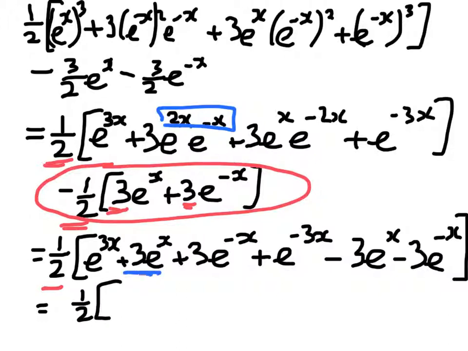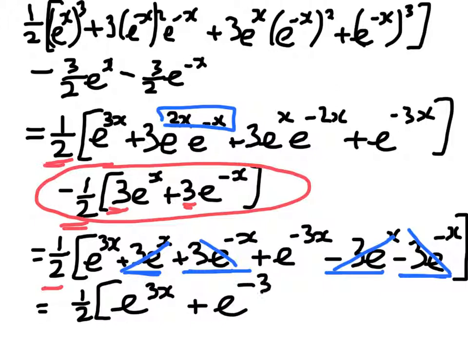I've got a plus 3 e to the x here, minus 3 e to the x there, so they go. I've got a plus 3 e to the negative x here, and a corresponding one there. So I get back to this, which is equal to cosh of 3x, and we're done.